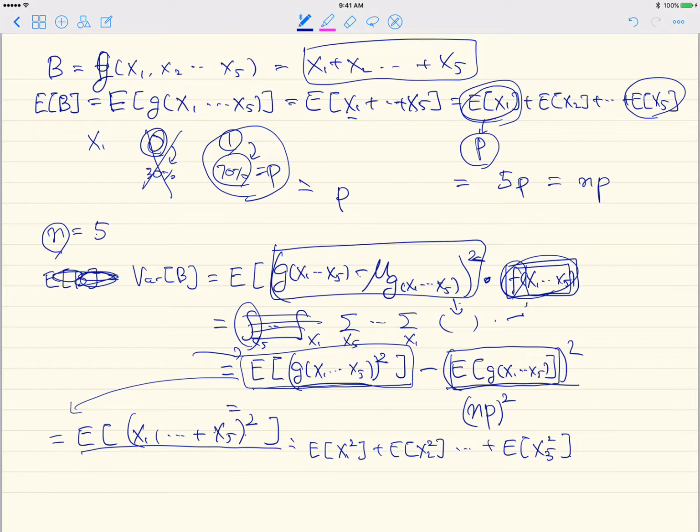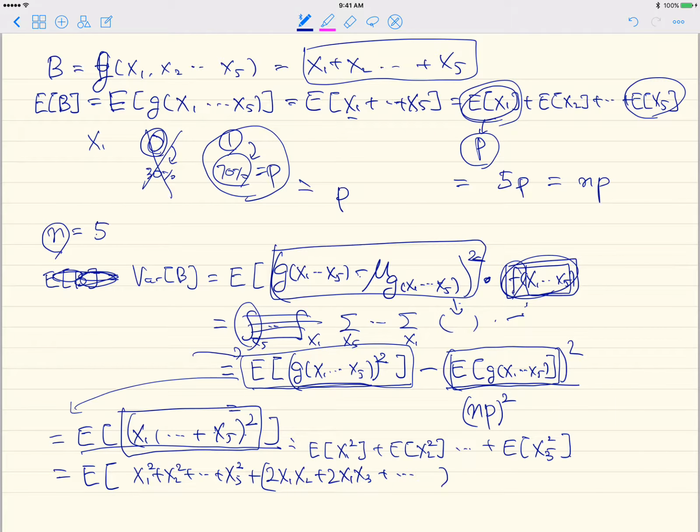Originally this should be written in this form. So we can just simply take the square of it, which gives x1 squared, x2 squared, through x5 squared, but we also have additional terms, which are 2x1x2, 2x1x3, and so on.